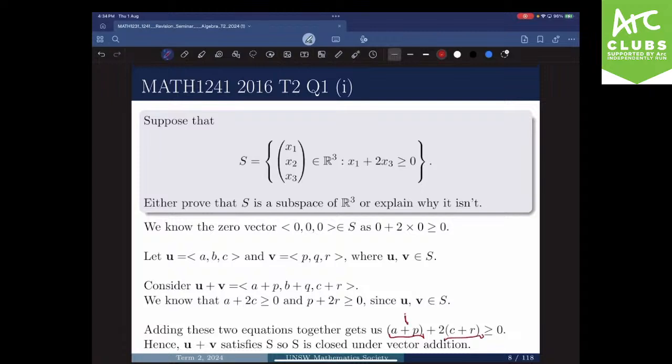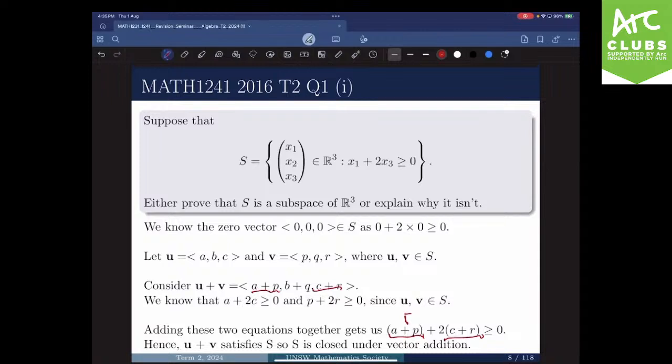So our vector u plus v satisfies the conditions to be in S, and thus u plus v is in S. Thus our subset is closed under vector addition.